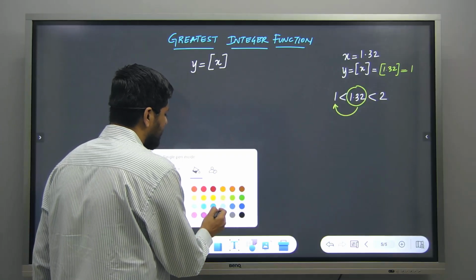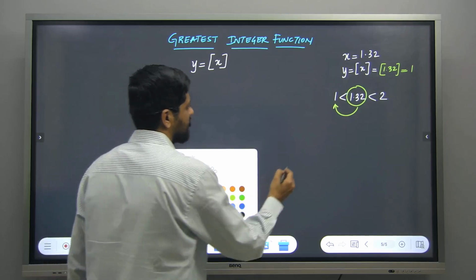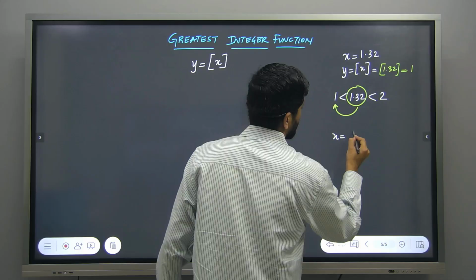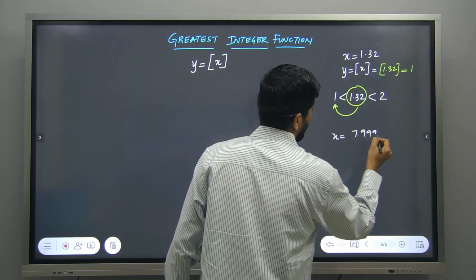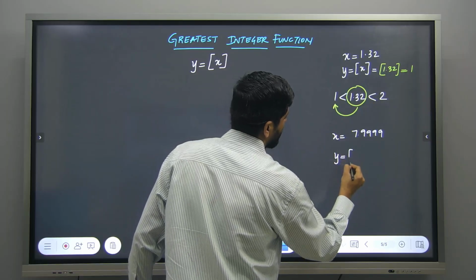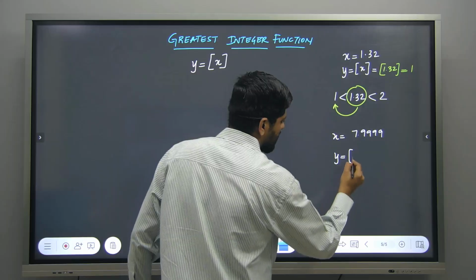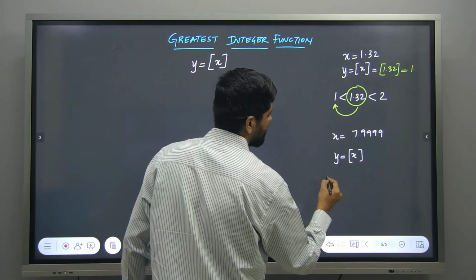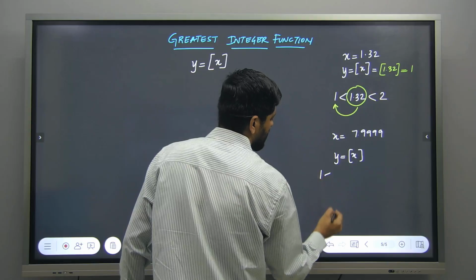What if I have x equal to 7.9999? It is going to be what? 7 or 8? It's 7.